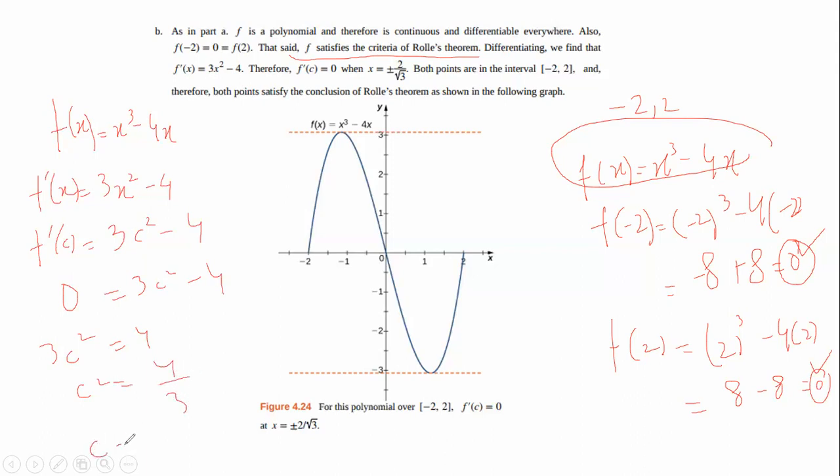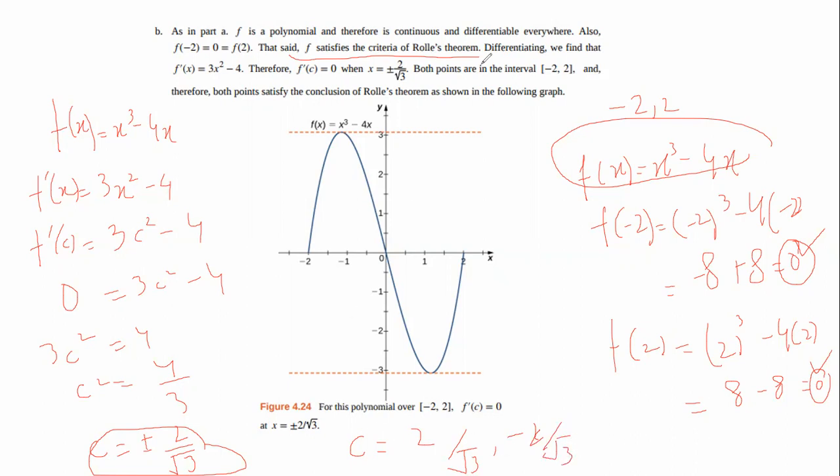Now taking the under root, it will be plus minus 2 upon under root 3. Okay, so this is the value of c. This means that my value is positive as well as negative. So c has two values. It will be 2 upon under root 3 and minus 2 upon under root 3.